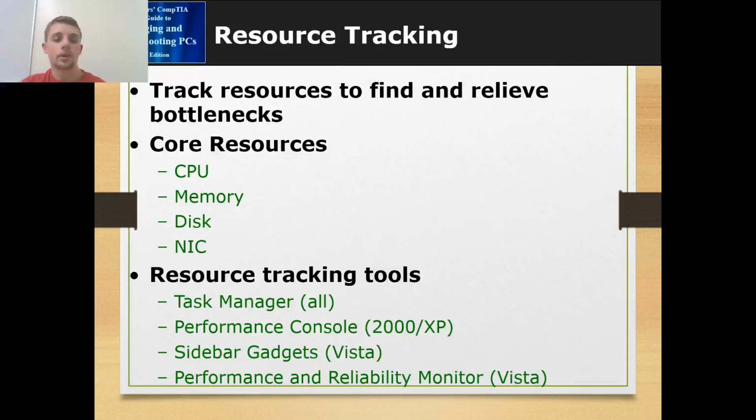Resource tracking, okay. If you're having problems with your machine being slow, you can use resources, and you can also use Task Manager to track down which programs or processes are slowing down the machine. So performance and reliability are some tools you can use to track that down.